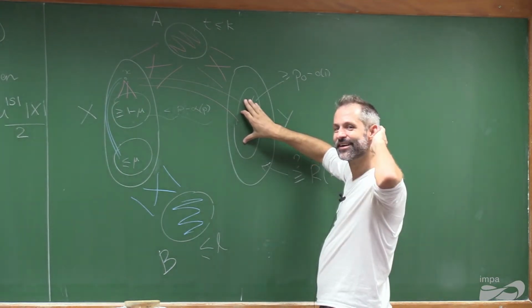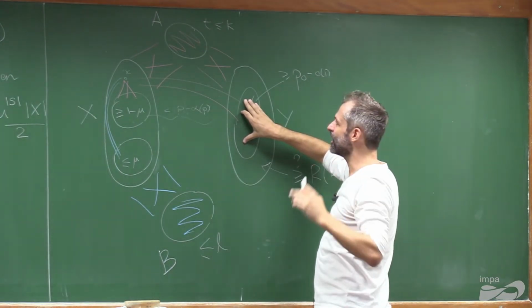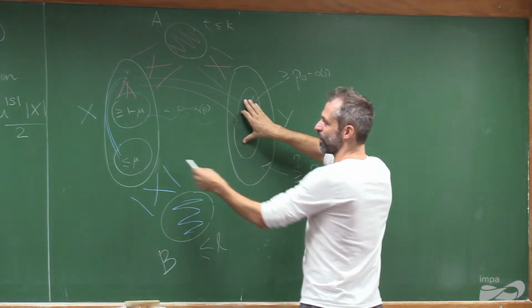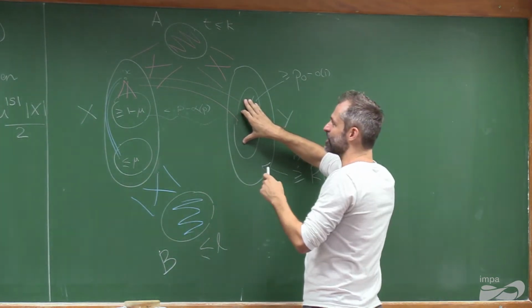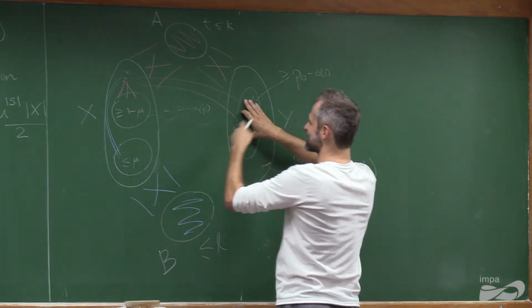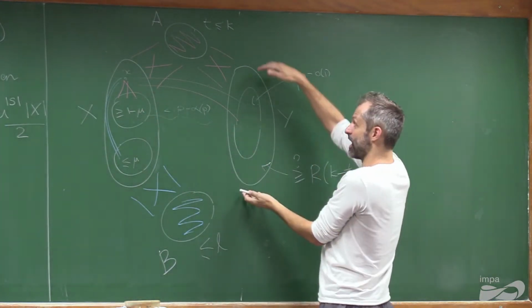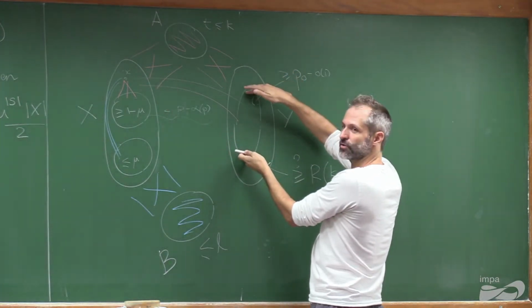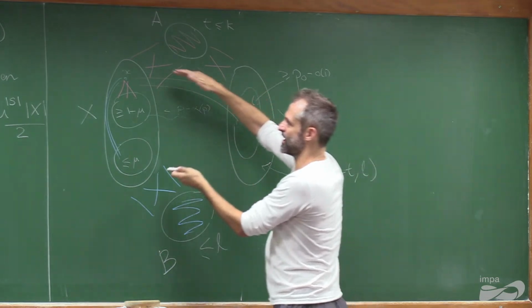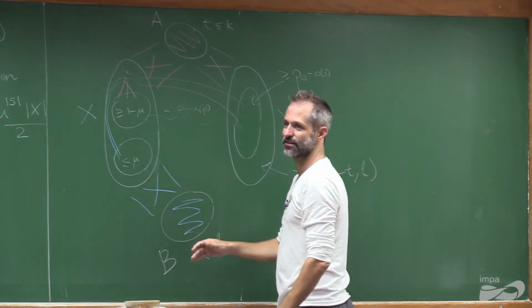It's really just counting edges, but we need to make sure p is not the density between x and this set here. It's the density between x and y.